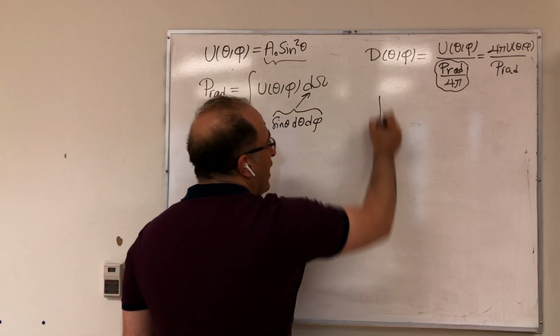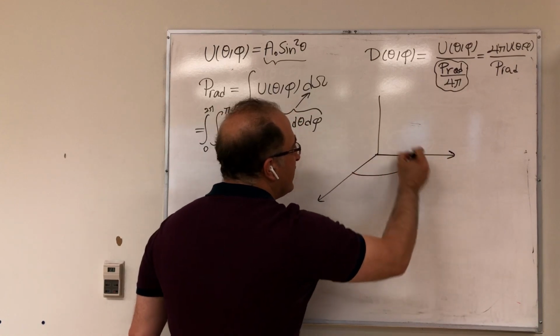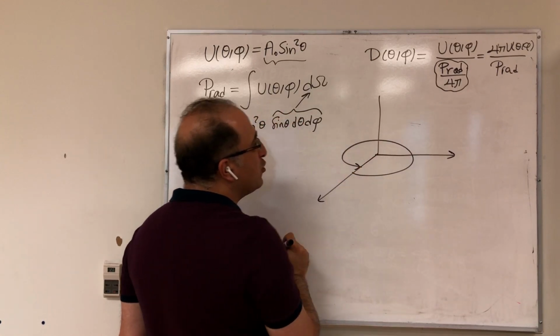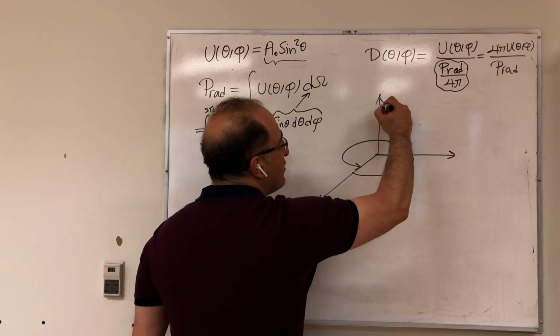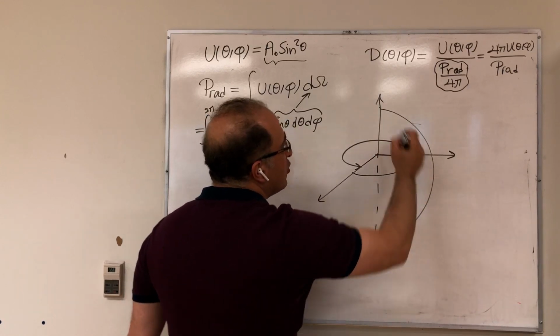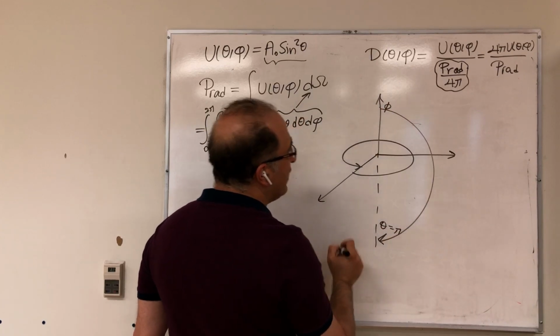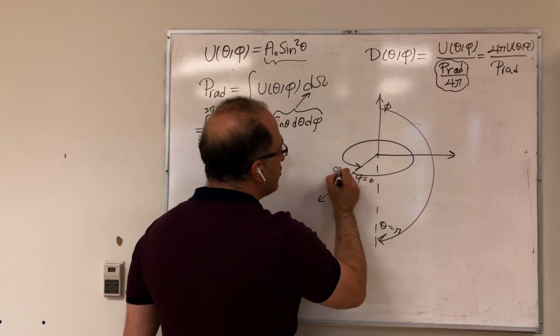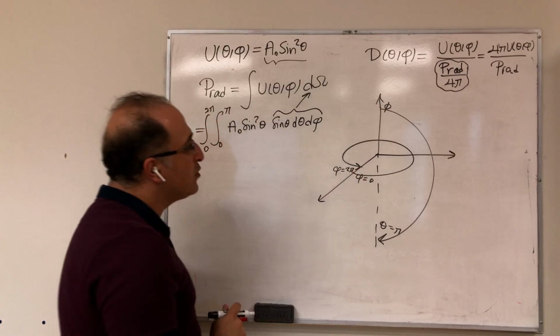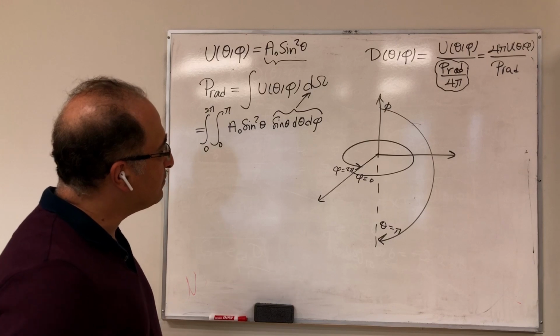So if I have my 3D coordinate, this is variation of phi, 0 to 2 pi, and this is the variation of theta going from 0 here to theta equal pi here. And this is phi equal 0 to phi equal 2 pi. So I need to integrate over the whole sphere.